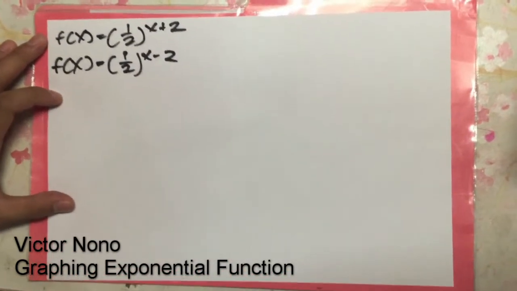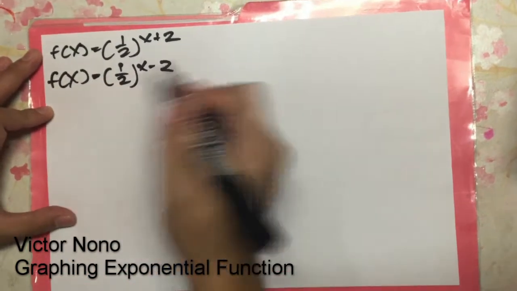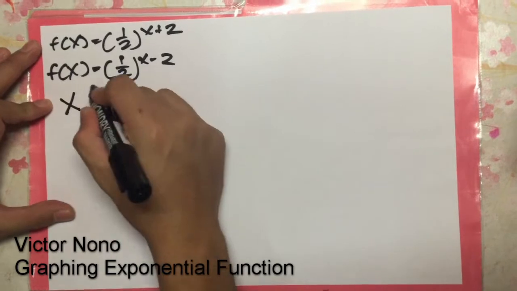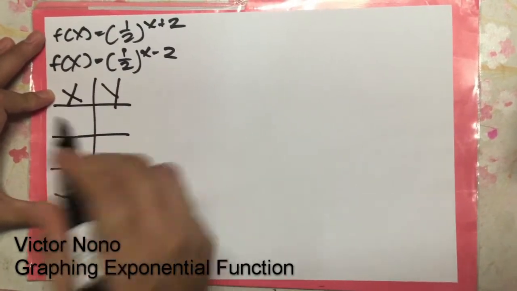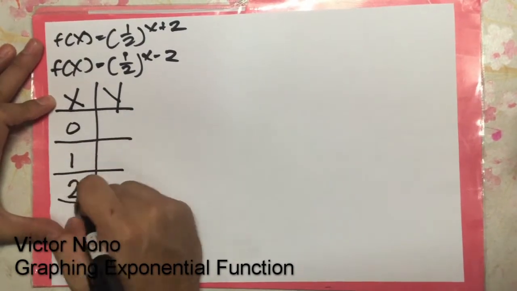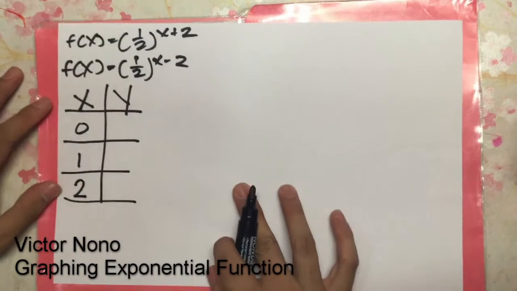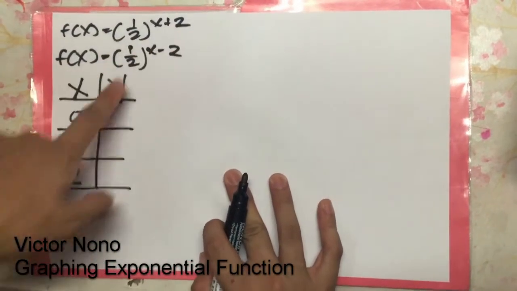So the first step is we will make a chart for the x and y axis. We will always use for the domain 0, 1, and 2. So substitute the value of x into our function to get the value of y.